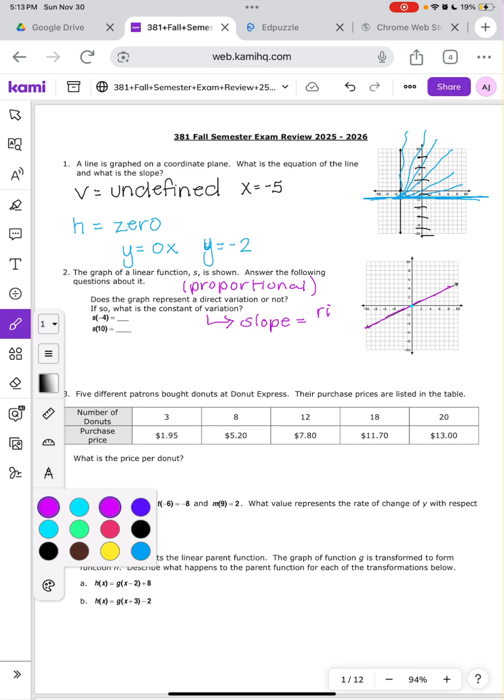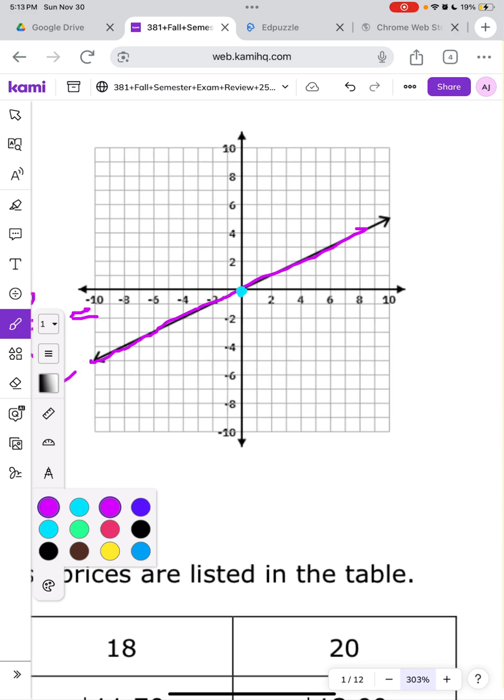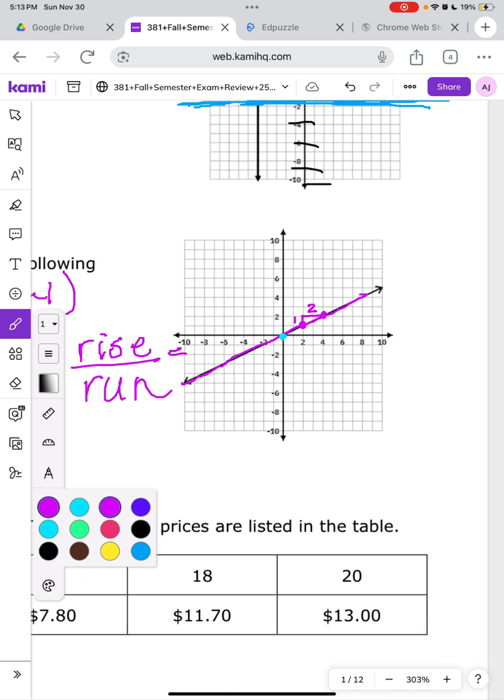Slope is our rise over our run. And in this case, if we pick 2 good points on this line, our rise is 1 and our run is 2.